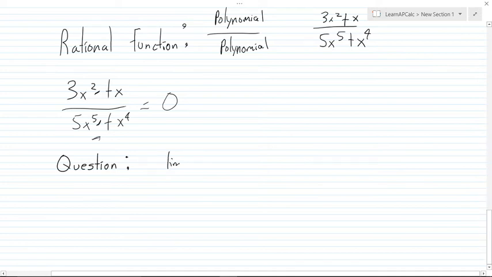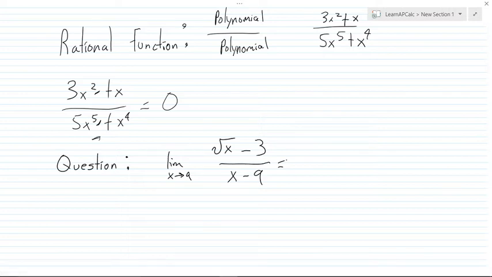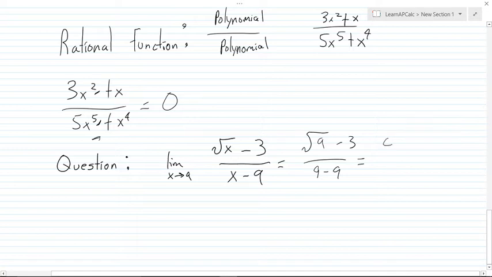The limit as x goes to 9 of square root of x minus 3 over x minus 9. If you guys remember, what we should do first when we're trying to solve a limit is direct substitution. So here, you've probably plugged this in. You can see that we're getting 0 over 0, and this is indeterminate.